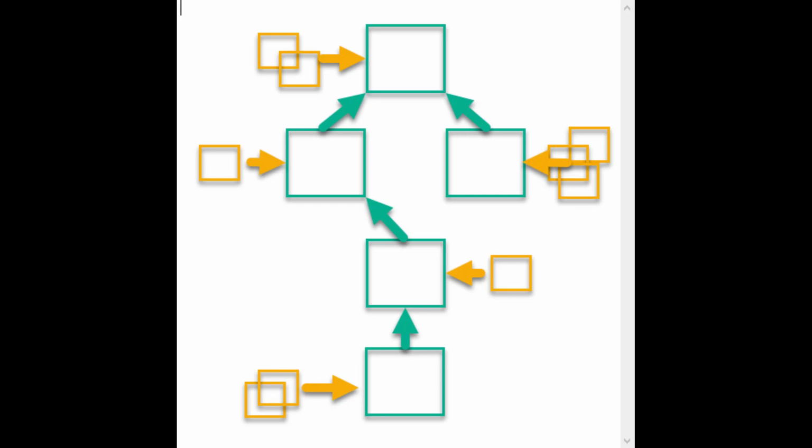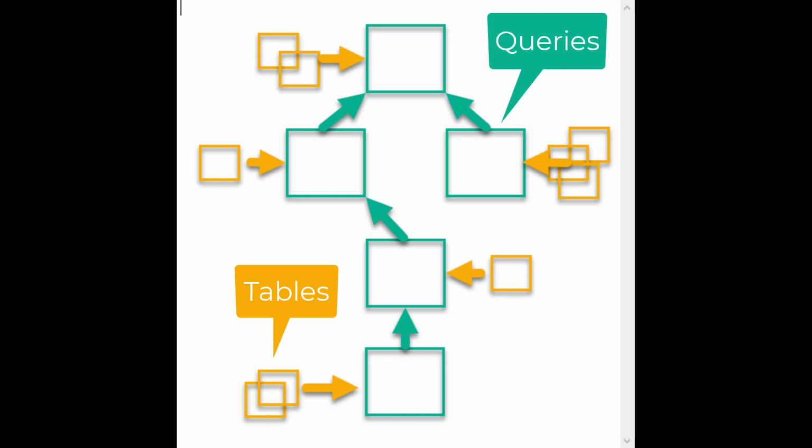This diagram that you see in front of you here is basically an anatomy of a moderately complex query, not super complex. You can see that the yellow squares are tables that make up queries, and the green squares are queries.